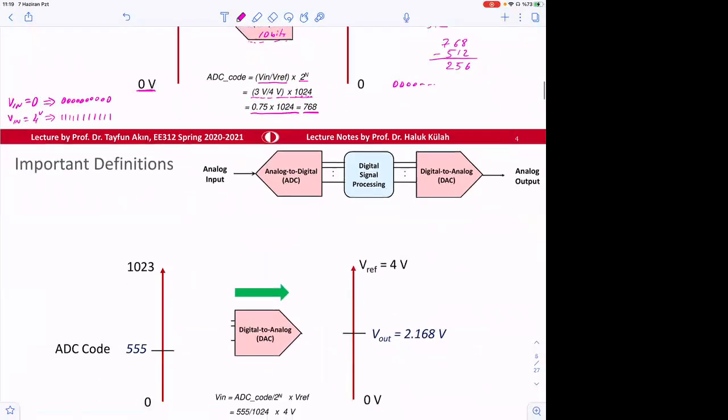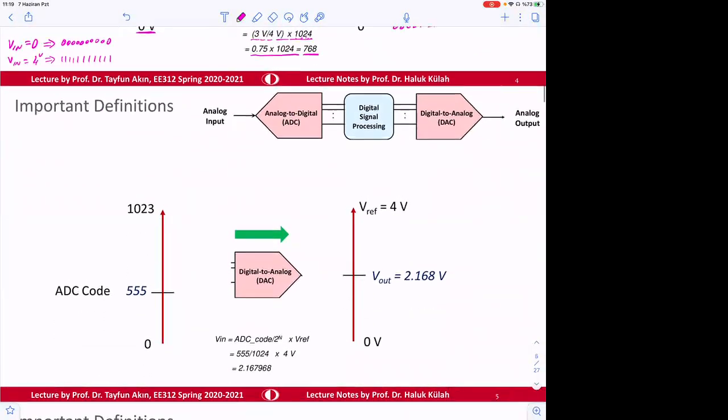So we can do the other way around. Let's say we already have digital inputs, and we have here, let's say, a code of 555, the digital representation of 555.